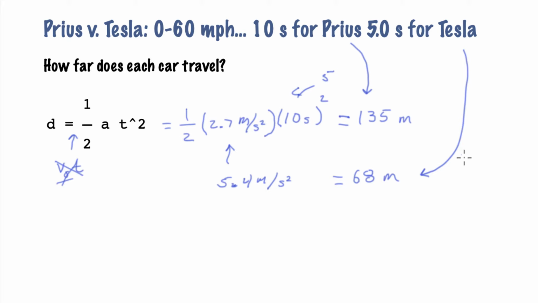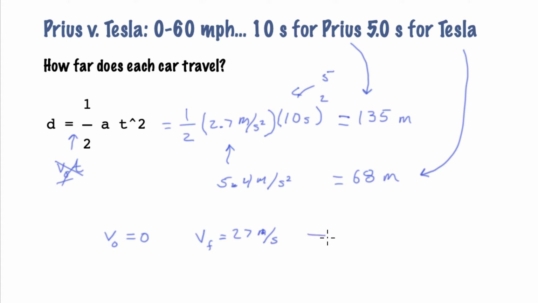Now I do want to point something else out that might be useful to you to keep in mind. There's another way you could look at this. Each car starts from rest and ends with a final velocity equal to 27 meters per second. You might ask, what's the average velocity of these cars?